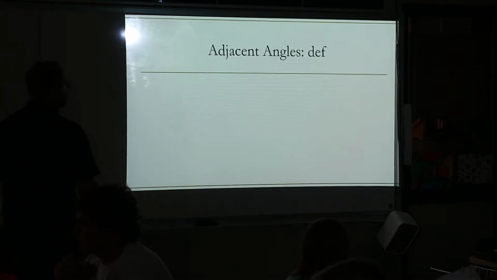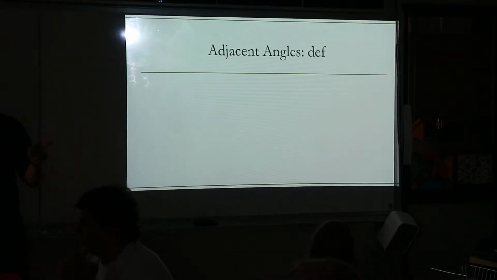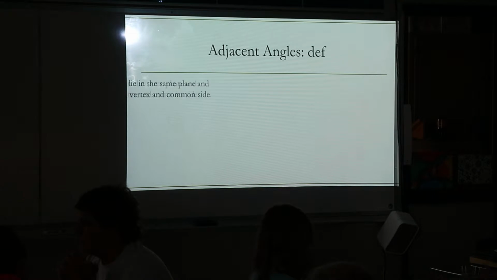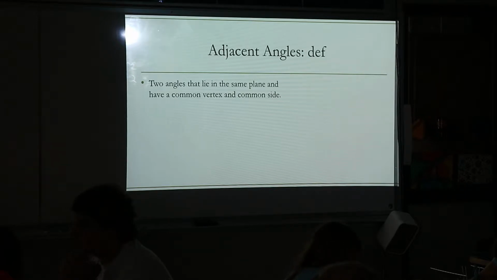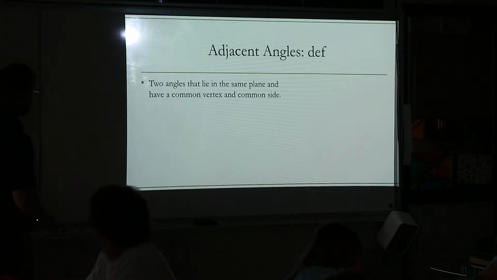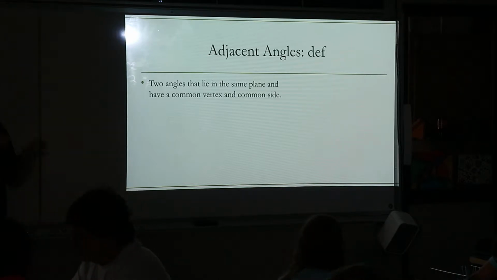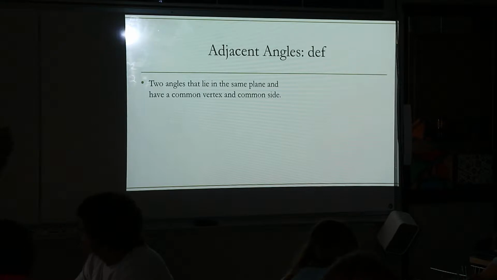Okay? All right. Adjacent. We already have this word, but if you want to write it down again, that's good practice. Here we go. It is 2 angles that lie in the same plane. They have a common vertex and a common side. I'll let you write that down. And there's a little extra piece that we haven't discussed yet. So 2 angles that lie in the same plane, same flat surface.